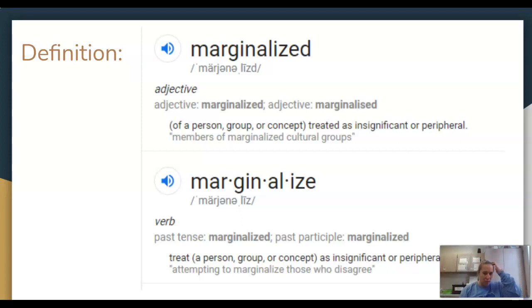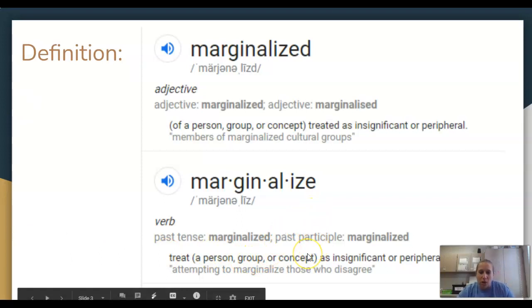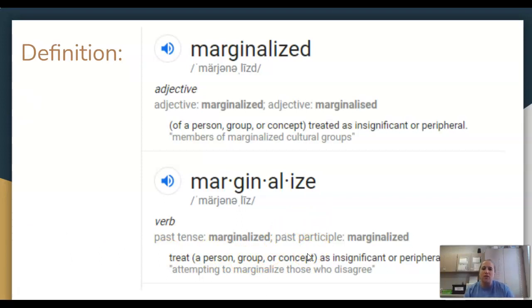To marginalize is to treat a person, group, or concept as insignificant. So if you are marginalized, you're a group of people that are not treated the same as everybody else. Again, it's that thought process of the outside, the margin.